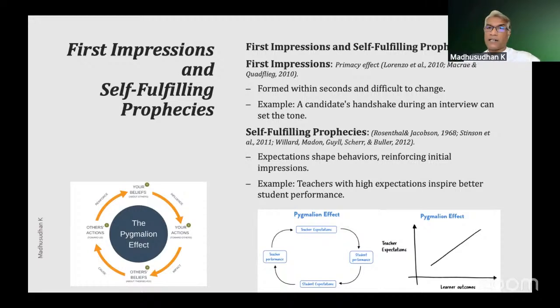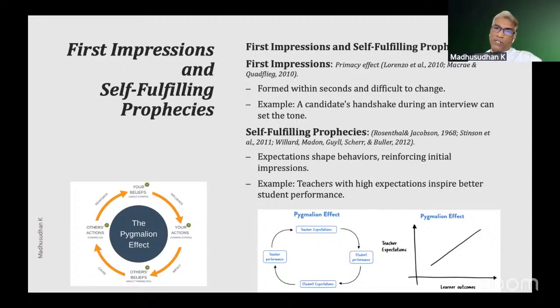For example, a candidate's handshake during an interview can set the tone. If you are able to shake hands firmly for a brief period, 2 to 3 seconds, that's a good way of giving a handshake. If you just shook hands without any interest in the other person, it doesn't indicate any confidence in you.